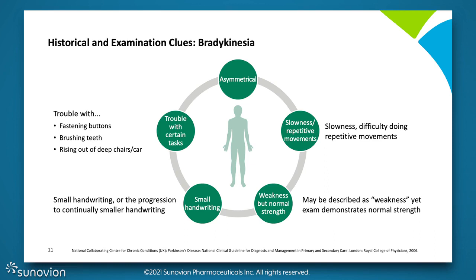On exam, we'll see this slowness affecting any of those skeletal muscles. Also, we'll notice difficulty doing repetitive movements, and we'll see that in some videos to come. Many patients describe the slowness as weakness. It's not really weakness, because when you directly examine muscle strength is normal. It is a slowness of movement, the trouble doing those movements that we've discussed, that is actually what patients may describe.